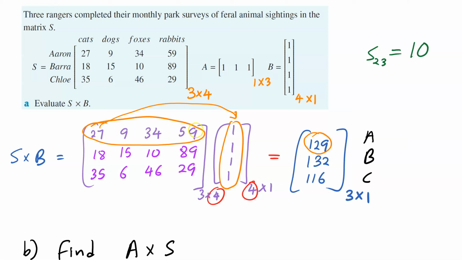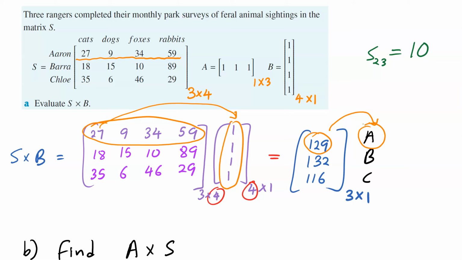So what it means is simply adding all of these values during this multiplication. When you add these values, that corresponds to Aaron. So what do we get? We get 129 for Aaron. What it means is he is citing 129 animals.